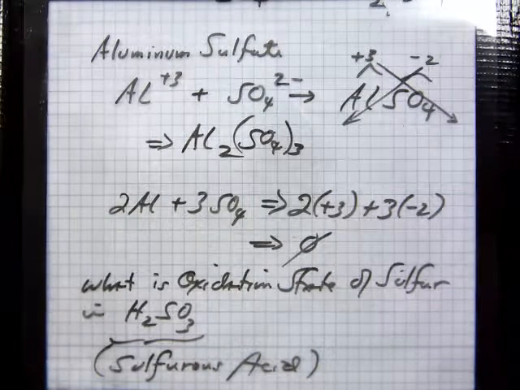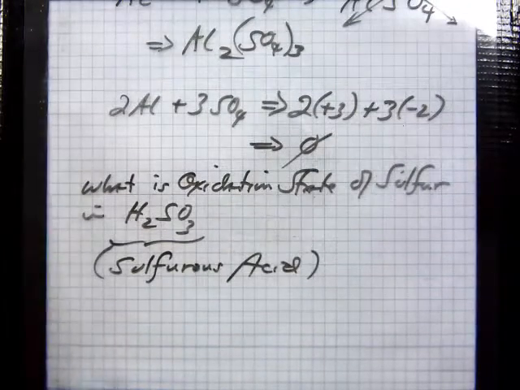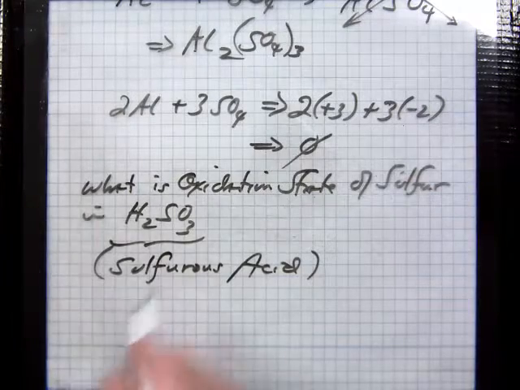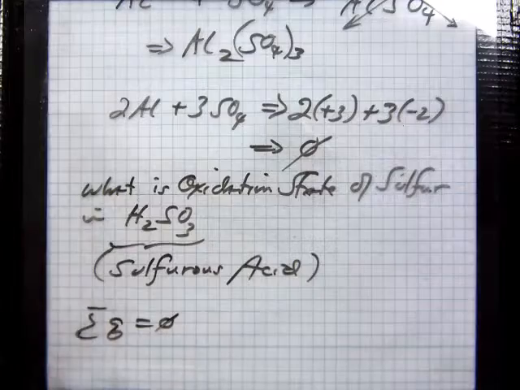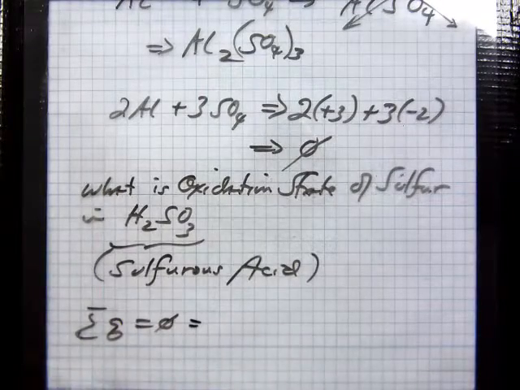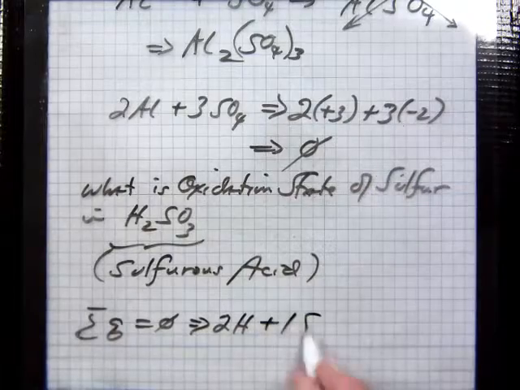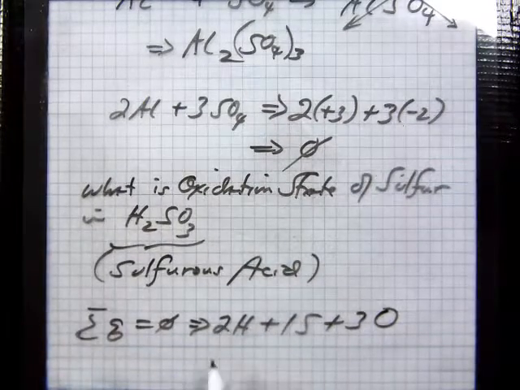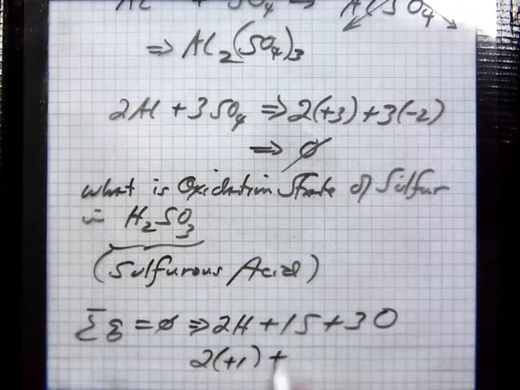Okay. So, since that is a neutral compound formula, the sum of charges is going to be 0. So I have to take into account 2 hydrogens plus 1 sulfur plus 3 oxygens in here. And I told you that hydrogen is always a plus 1 until I tell you different.